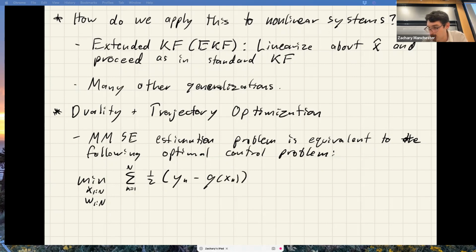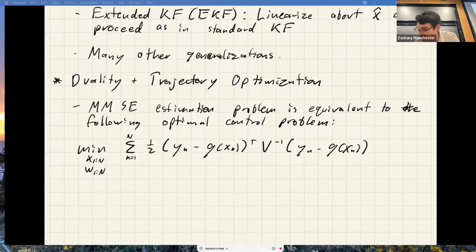G is my measurement equation, and Y is my actual measurements. That's my measurement noise. Okay, and then I have a cost on the W's here. And I have a dynamics constraint.